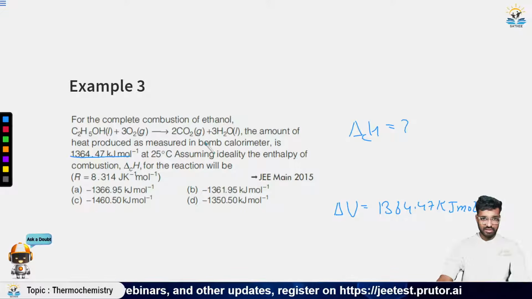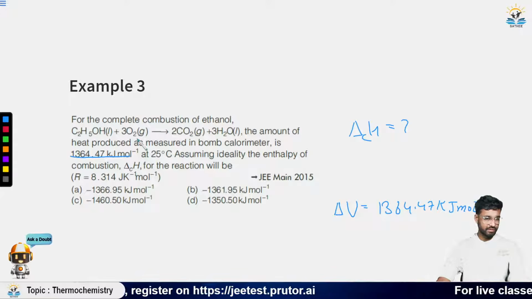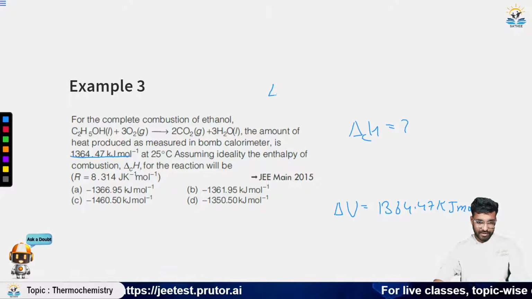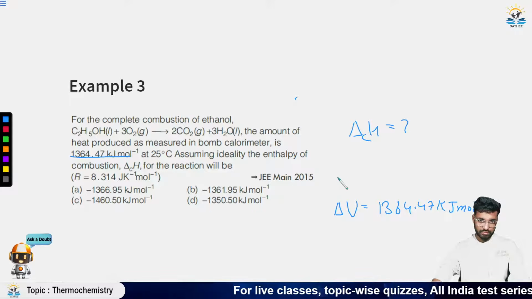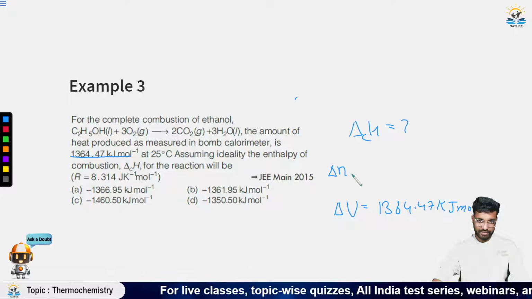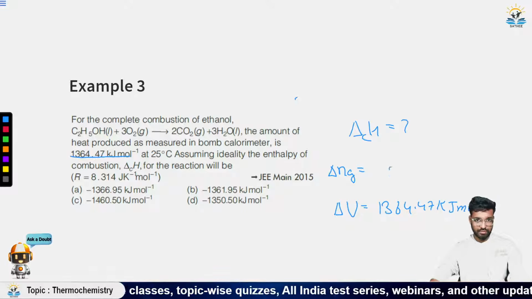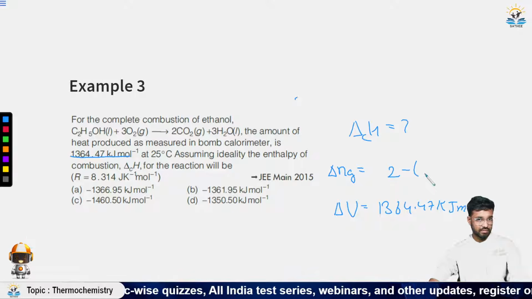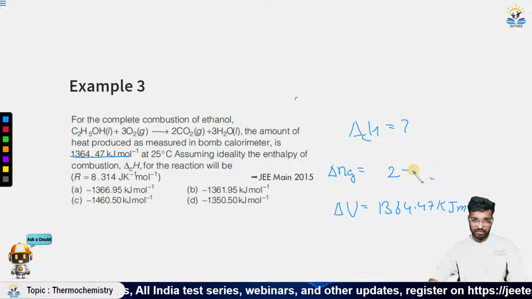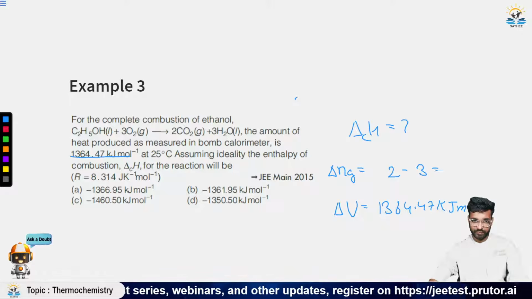Now we'll see the change in number of gaseous molecules. Delta Ng is equal to 2 minus 3, that is minus 1.